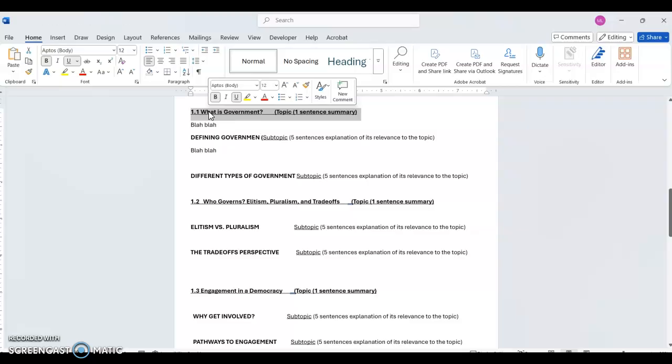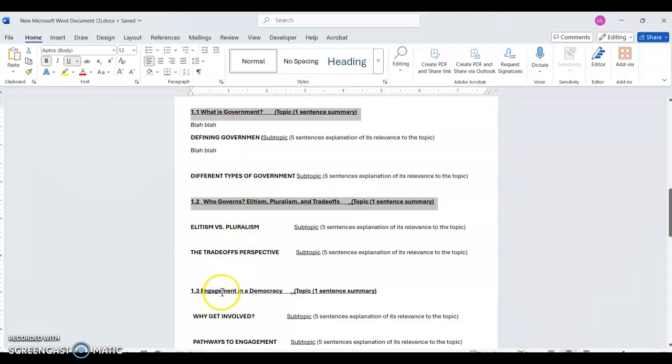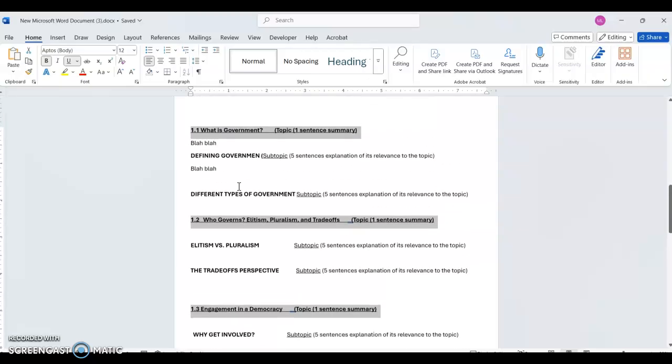for chapter 1, you have 3 topics. What is the government? Who governs? Engagement in democracy. So you have 3 topics, all of which have different types of subtopics within them.